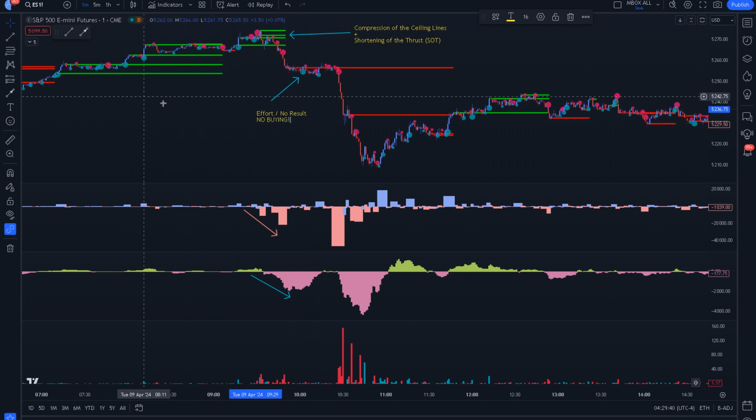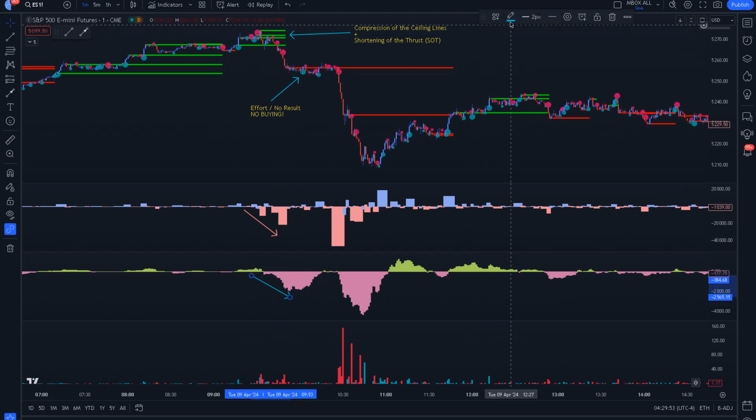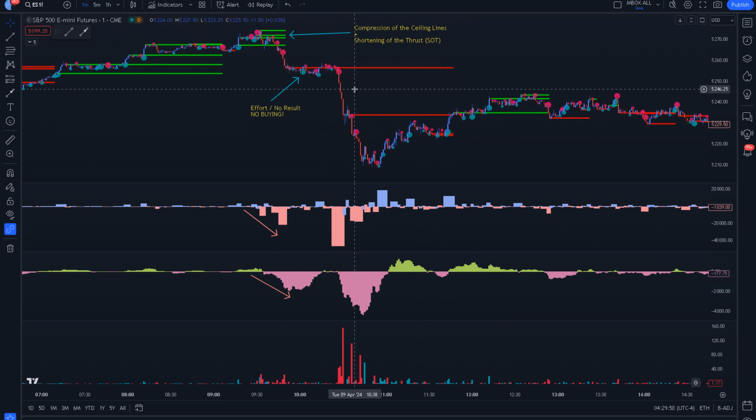All right, so as we can see already, the points of confluence are starting to add up, right? We have a change in behavior here as defined by the compression of these lines, effort no result, no buying, and we see that selling comes in here, and price begins to fall, right?